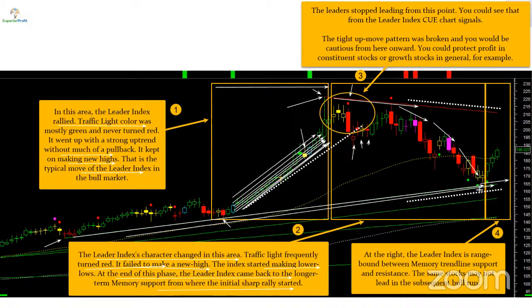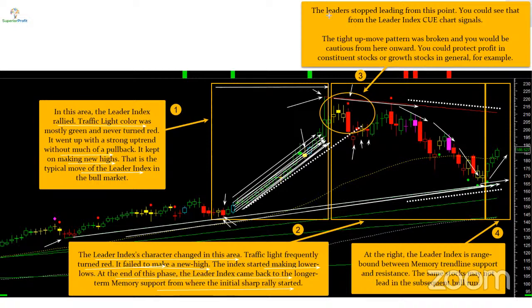Price came back to the trend line created by the anchor point from where the sharp rally started. This is the place from where the bottom left, top right rally started. We can know that by studying the leader index. And isn't it amazing how the memory trend lines work? Price came exactly to the same level, precise enough, and then went up from there.